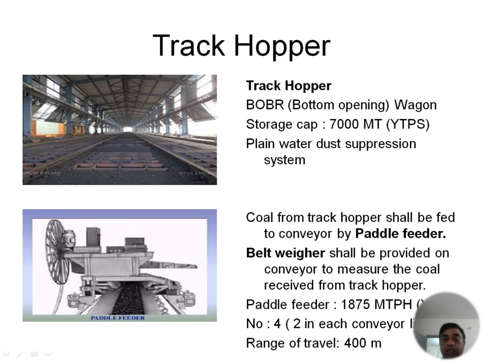I am taking the example of Yadadri thermal power plant, where we have installed 1875 MTPH paddle feeders. There are 4 paddle feeders here, and these paddle feeders can travel across the complete track, which is around 400 meters.